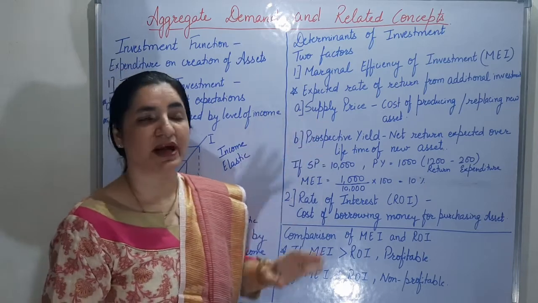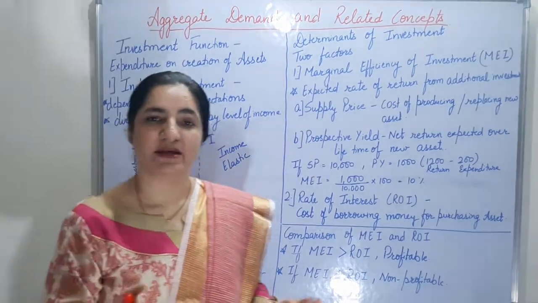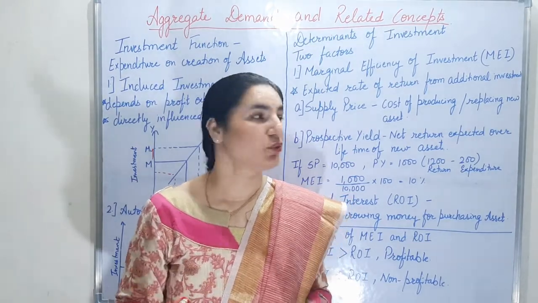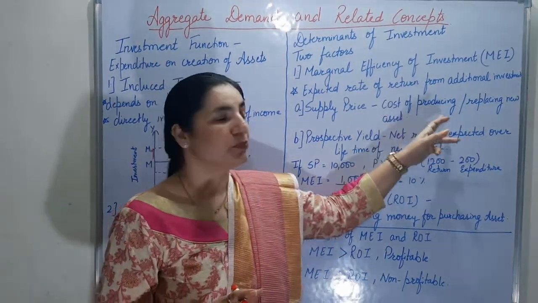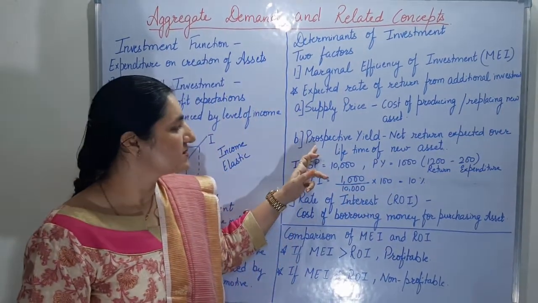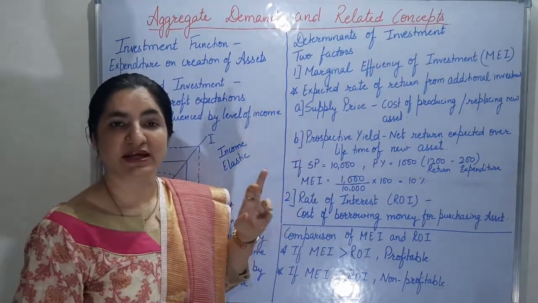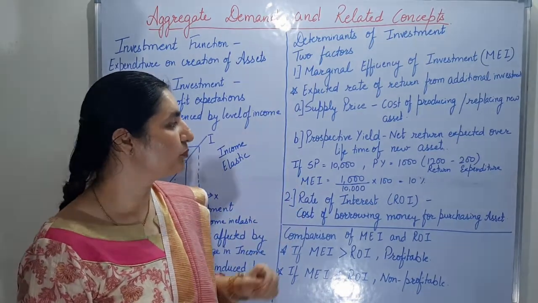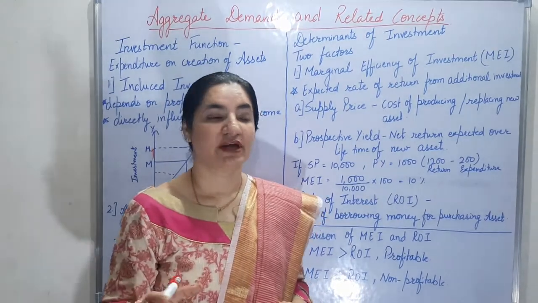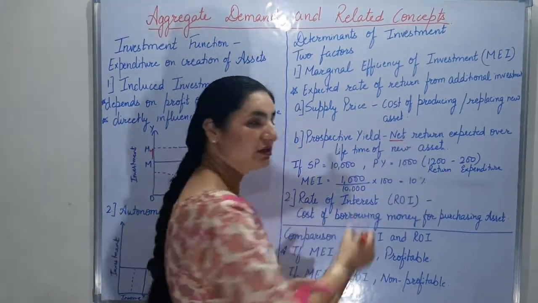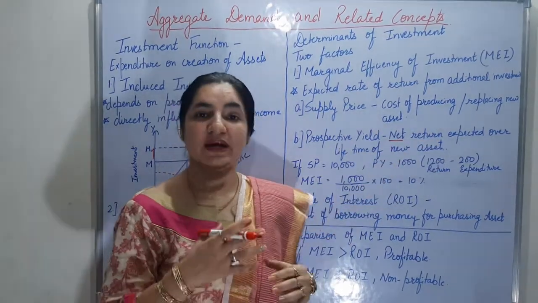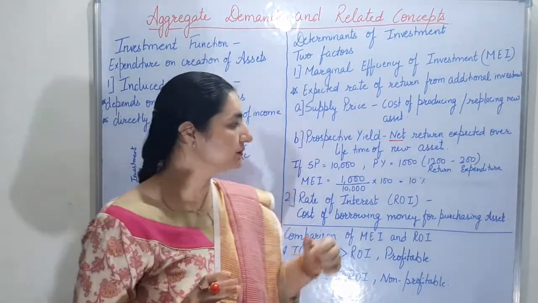First is the supply price. Supply price is simple: the amount which is to be invested for producing or replacing a new asset. The second part is the prospective yield. Prospective yield means the net return which is expected over the lifetime of the asset.